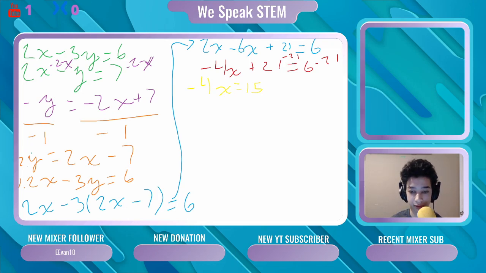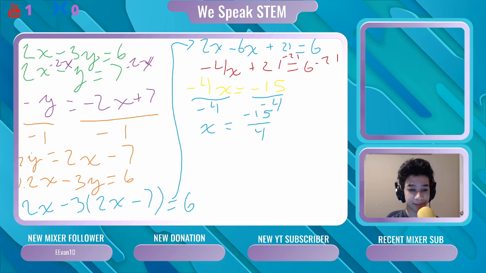For x equals negative 15. So let me write that better. For x equals negative 15. Okay, so now we divide each side by negative 4 to isolate x, and then we have x equals, and this isn't a nice one because we can't simplify it to a whole number, but we can just leave it as negative 15 over 4.